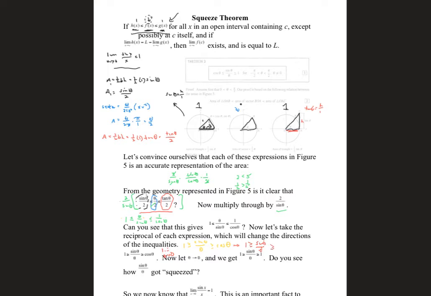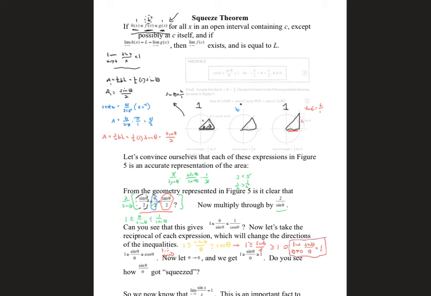And cosine of theta, as we get close to 0, approaches 1. And so you can see that we're squeezing that sine theta over theta. And so our conclusion is that the limit as theta goes to 0 of sine theta over theta is in fact equal to 1.